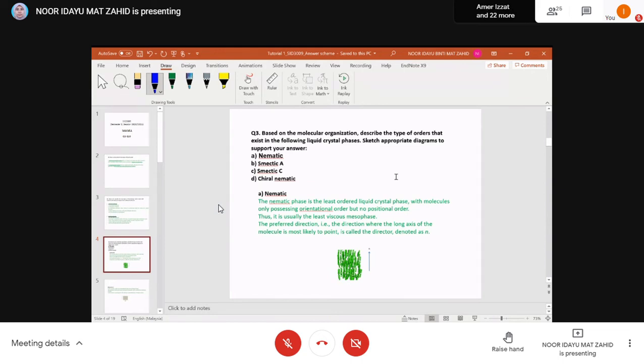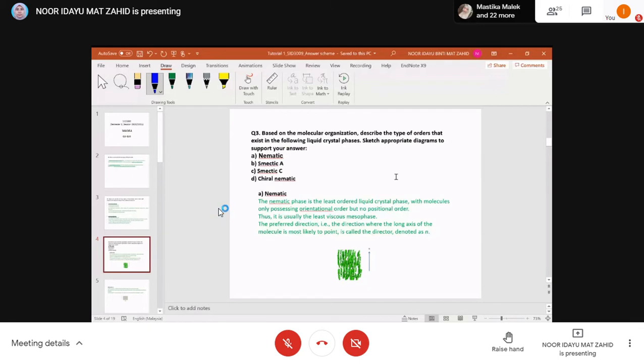For nematic phase, this is the liquid crystal phase that has the least order, where the molecules in the nematic phase only have orientation order compared to others, with a preferred direction.